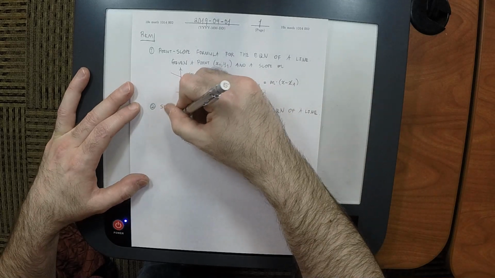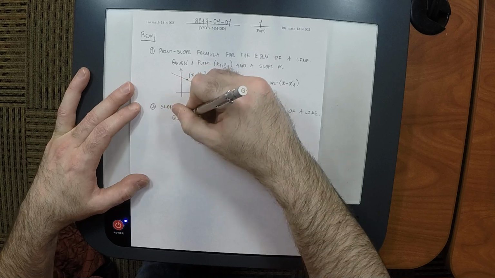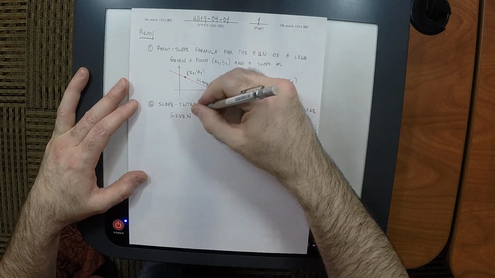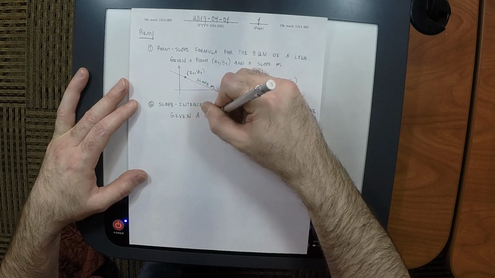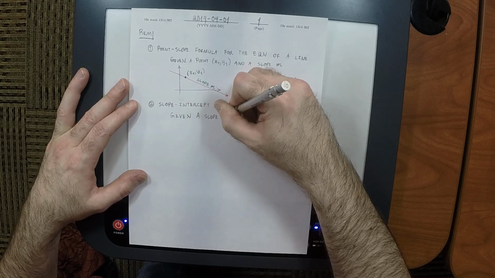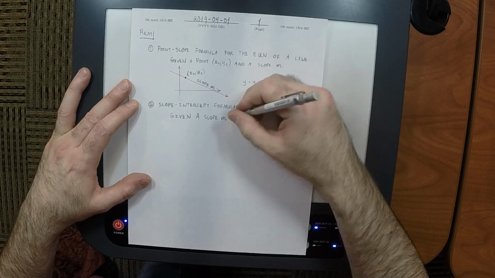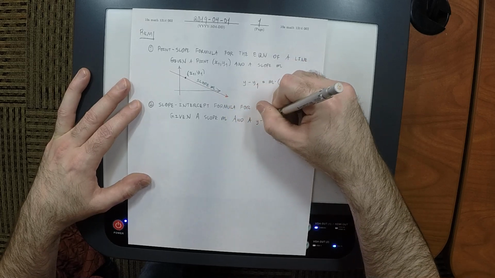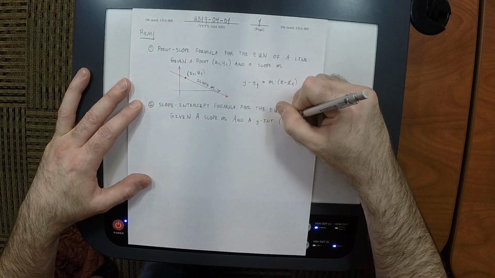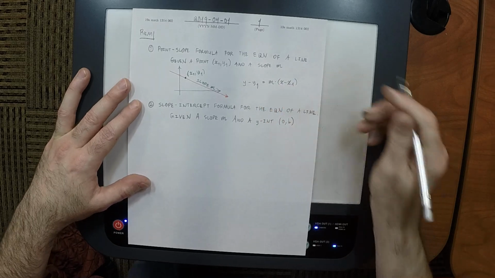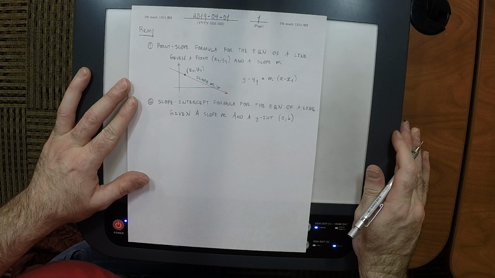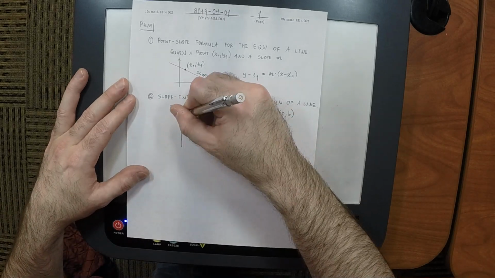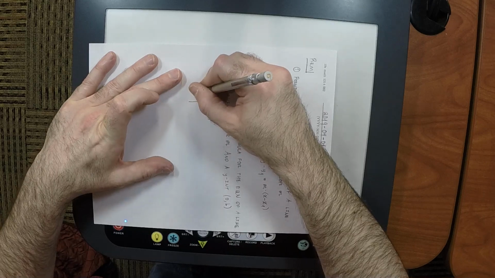And again, it's named after the information that you have. So given a slope m, and a y-intercept (0, b), the picture looks like this.